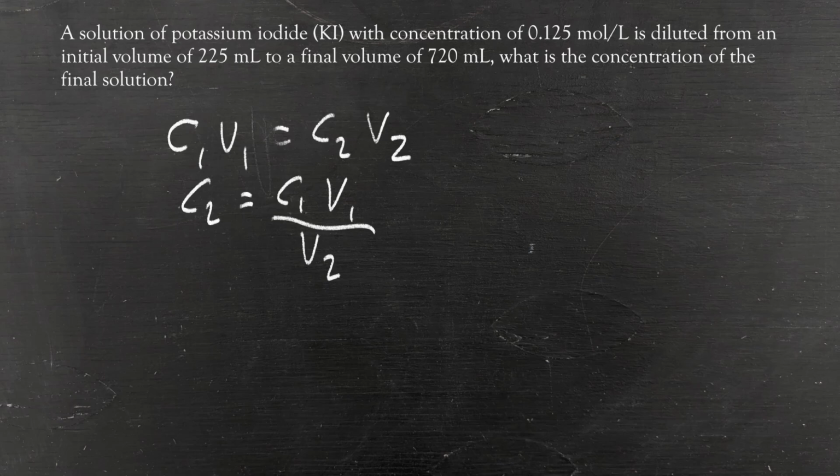Interestingly, we don't actually have to convert the units for our volumes into liters. As long as the initial volume and the final volume have the same units, they will cancel out. So we could leave them as milliliters in this case, and it won't affect our final answer.